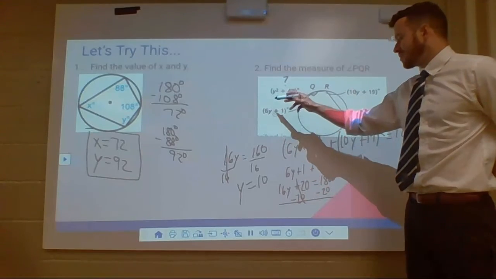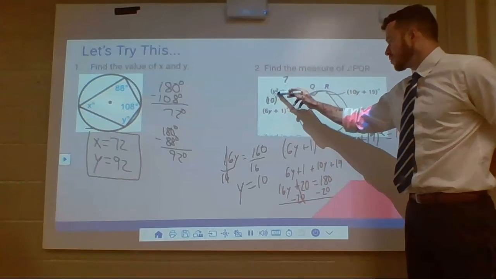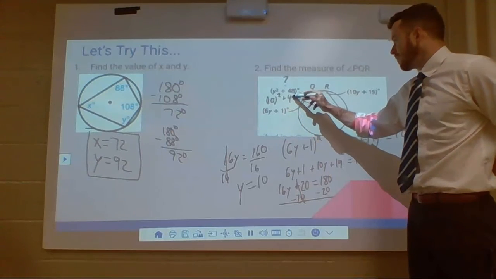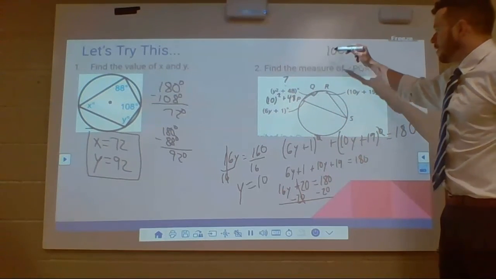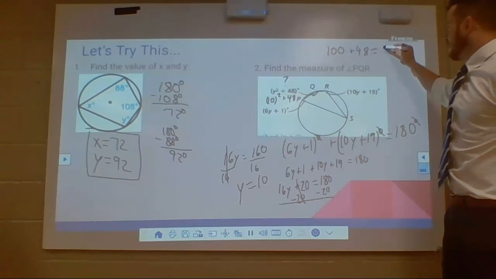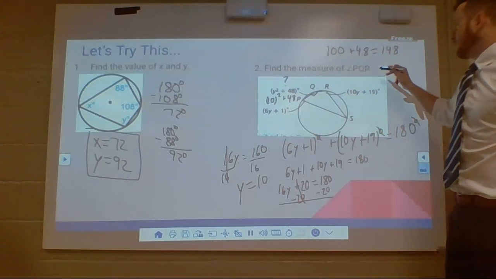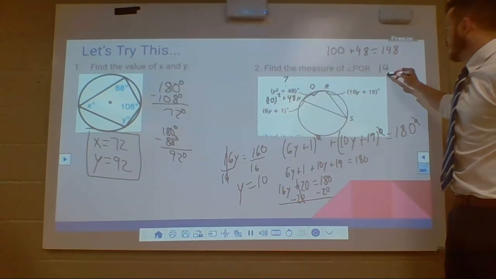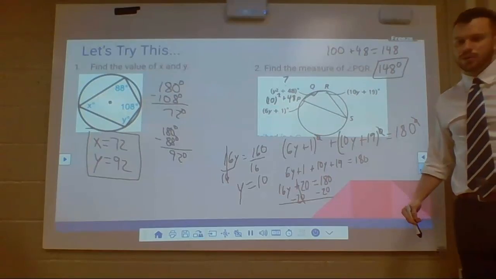All I've got to do is substitute 10 for y, so I'm saying 10 squared plus 48 now. So 10 squared is 100 plus 48. So that's going to give me 148. So the measure of angle PQR is 148 degrees. That's the measure of angle PQR.